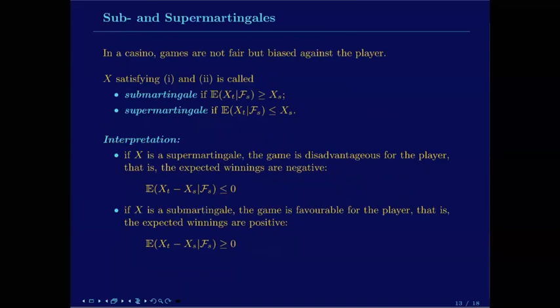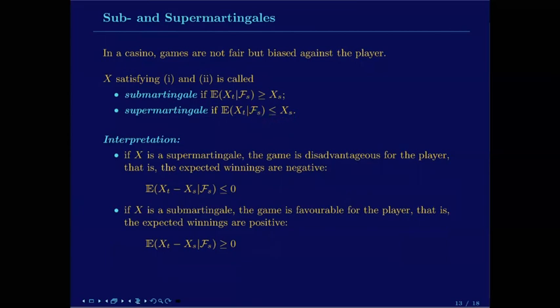Now, fair games are seldom found. In a casino, for instance, the games are biased against the player. And in that case, we speak of a supermartingale, where the mean of x_t given the information up to the previous point s is smaller or equal to x_s.